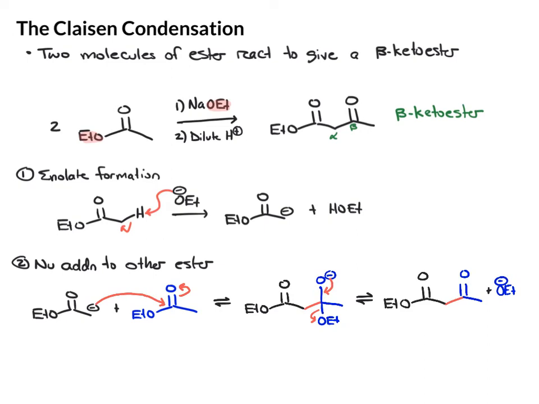So here's the part where people sometimes get thrown off in terms of the mechanism. We look to be done, and we did generate the product. It's the same product we have up above, but this reaction is not finished mechanistically, because as soon as you form the product and this base OEt minus, we're going to get a fast acid-base reaction. We have these acidic alpha protons.